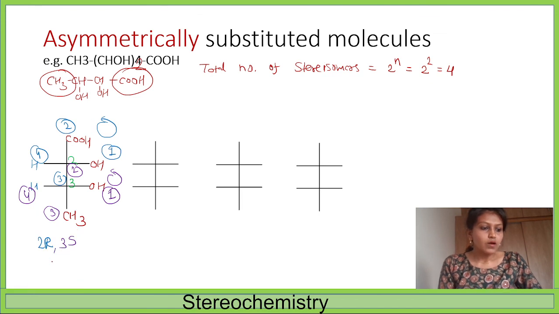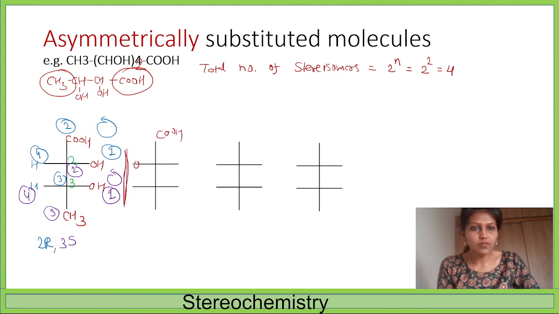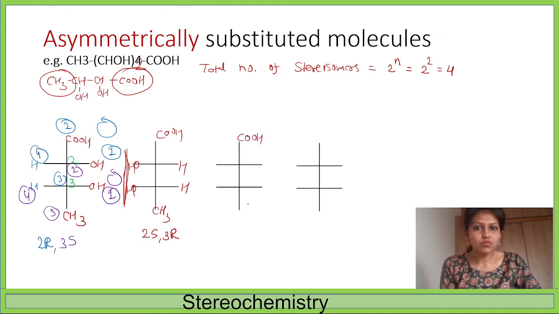Okay, now next, suppose I take the enantiomer of this one, COOH, the mirror image of this one. So I am writing over here OH, OH, hydrogen, hydrogen, and methyl. So the configuration is exactly opposite to the first one. So 2S and 3R, right? After that, suppose I change the position of OH, COOH, CH3 at the second and third carbon; if I change the position, right, then we can calculate.